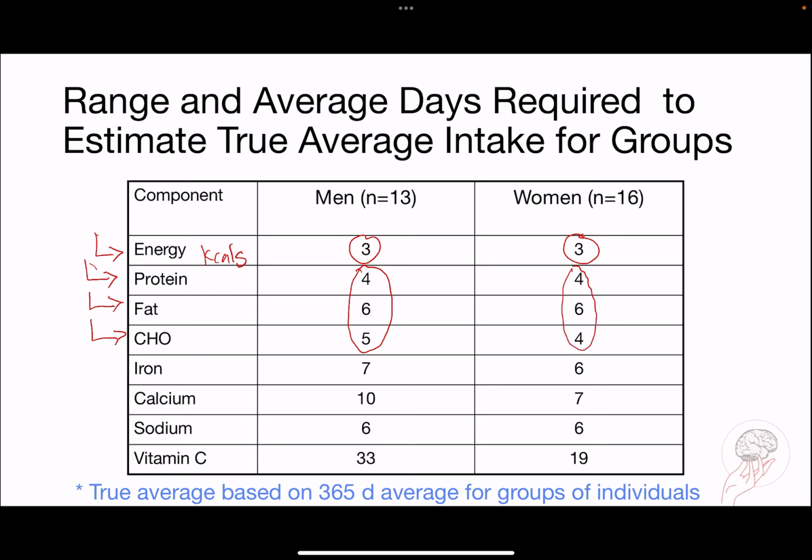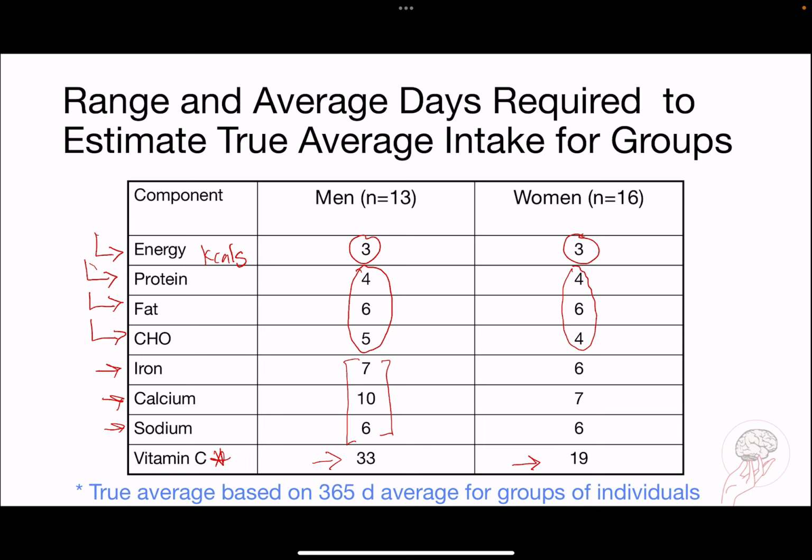If we want to know more specific things like minerals, iron, calcium, sodium, we need almost a week. If we want something that's highly uneven, like vitamin C, for men, we need a whole month. We need a little bit less for women.